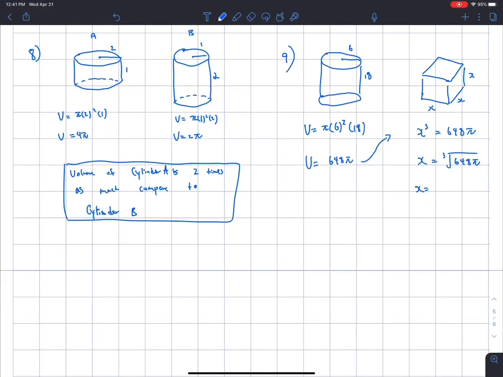Actually 12.67, since they want 2 decimal places. So the side length of the cube is 12.67 centimeters.